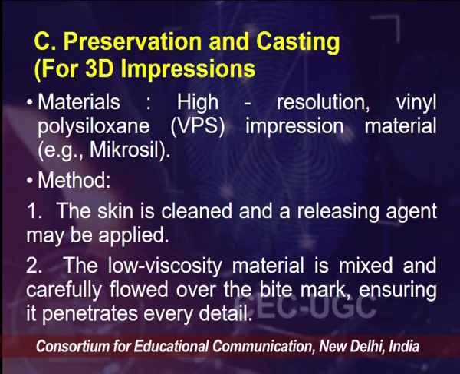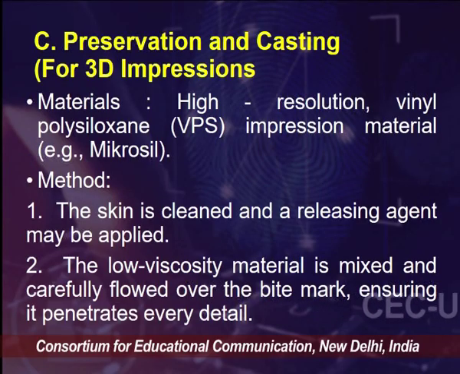High-resolution vinyl polysiloxane impression material, for example Microsil, is used. Firstly, where the bite mark is present, we clean that area and a releasing agent is applied. The low-viscosity material is mixed and carefully flowed over the bite mark, which ensures it penetrates every detail.